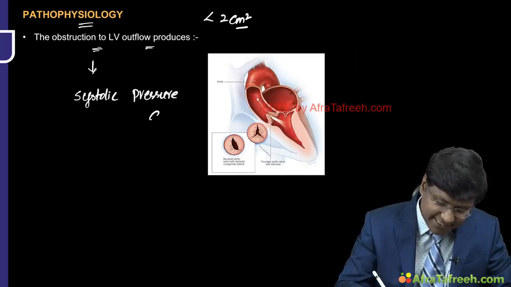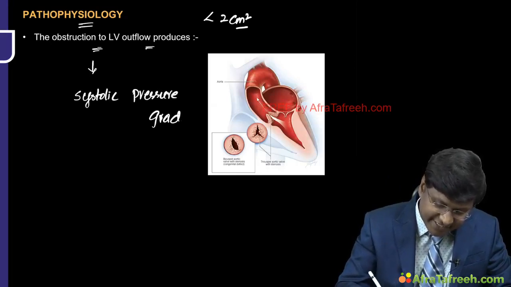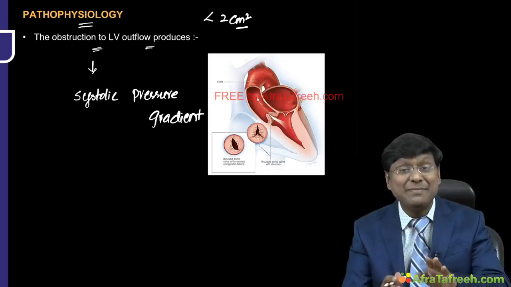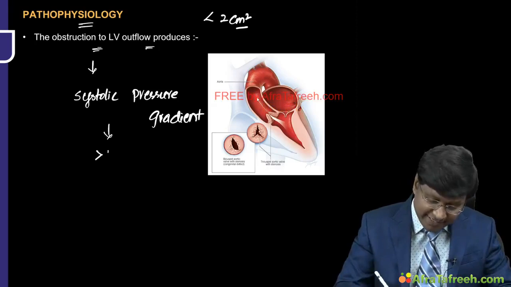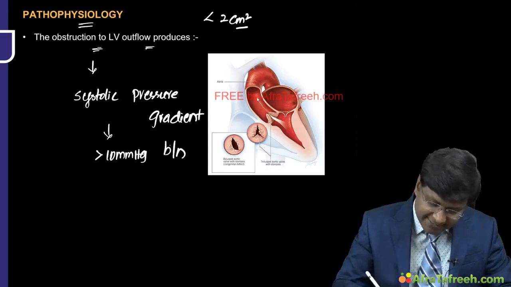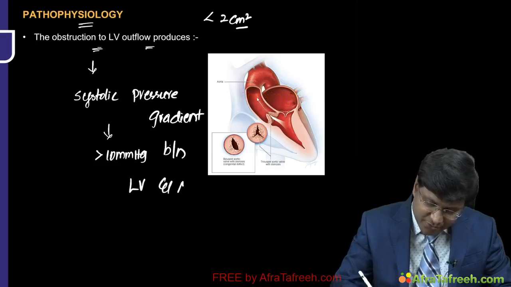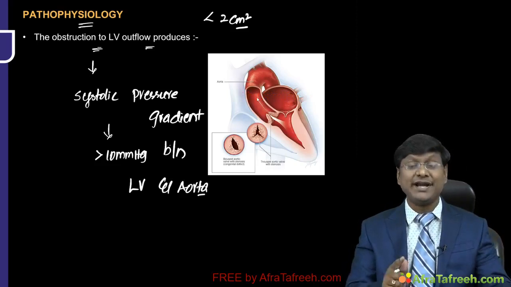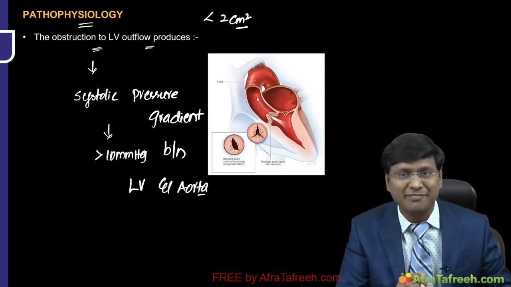And how much will be that systolic pressure gradient? It will be definitely more than 10 millimeters of mercury between the left ventricle and the aorta. So this is the criterion to call it aortic stenosis. The gradient should be more than 10 millimeters of mercury.